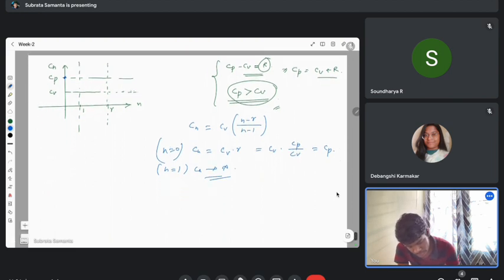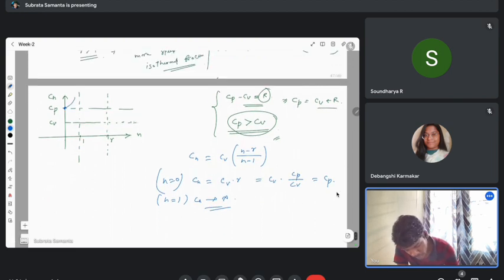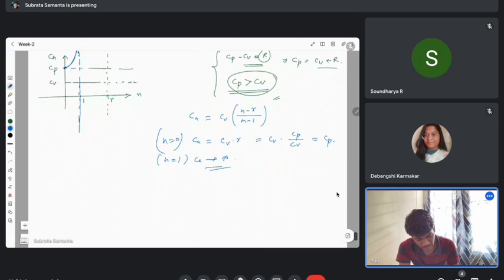So it will increase in this way, along this n equals 1 line.